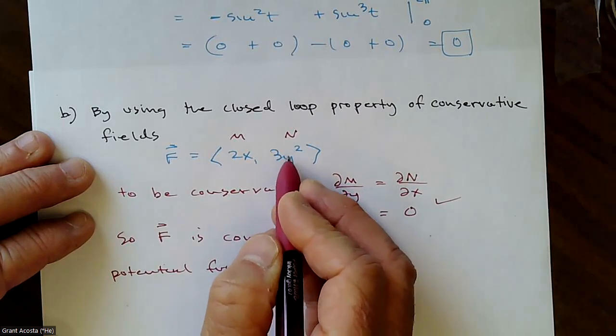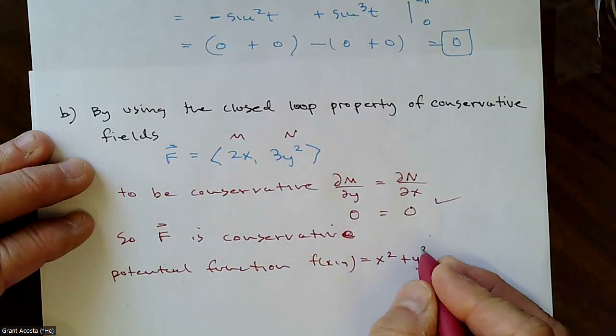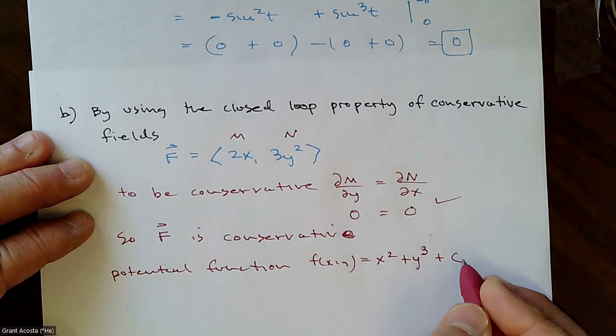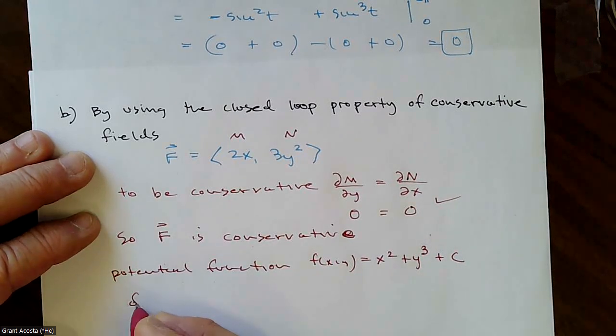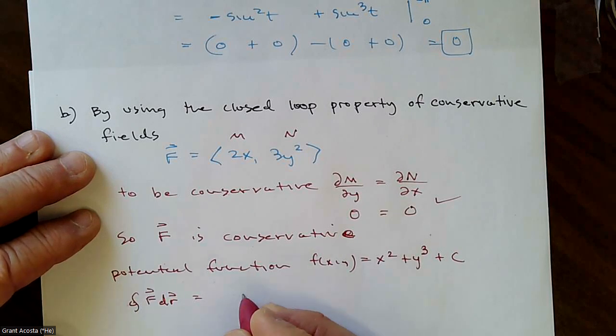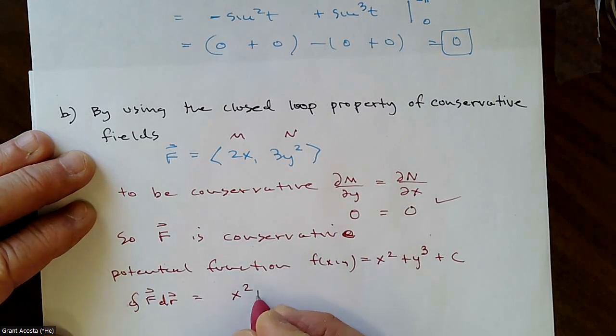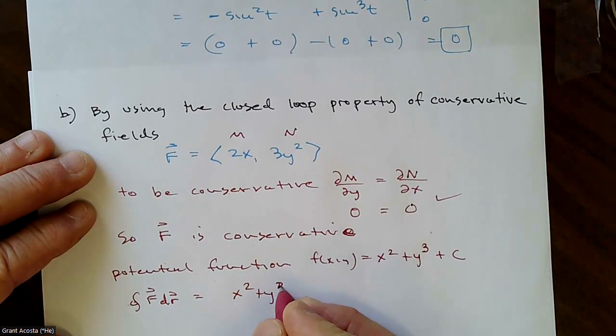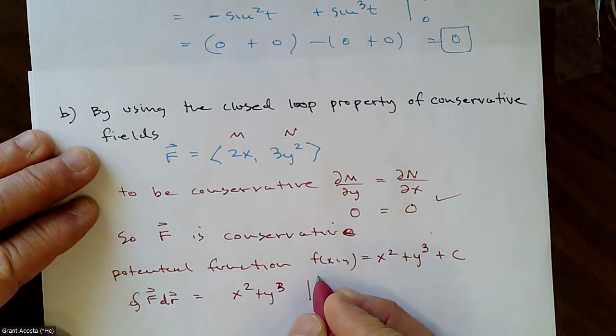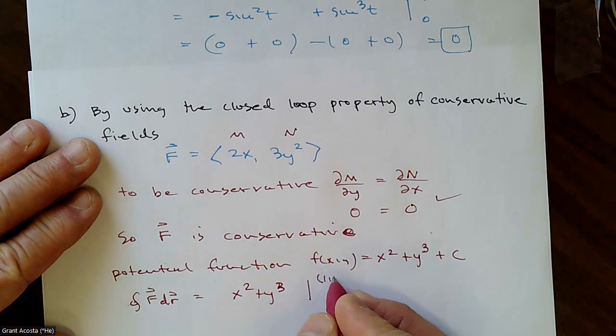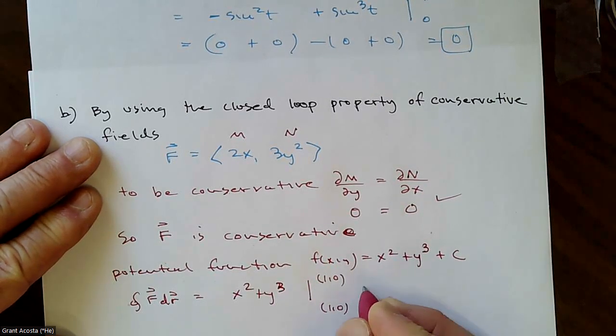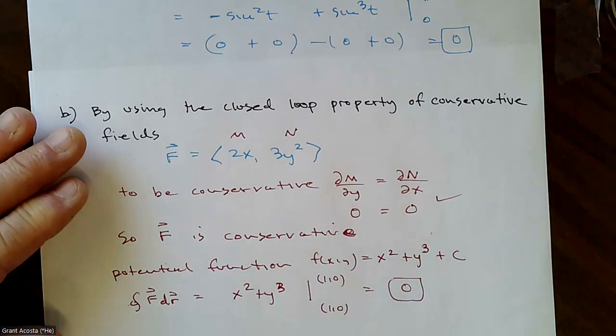If this is f sub y, and you integrate that with respect to y, you get y cubed plus some constant. So the integral of f dot dr would be equal to my potential function, x squared plus y cubed, evaluated from where I started on the circle, which was 1, 0, to 1, 0. Of course, I'm going to get 0.